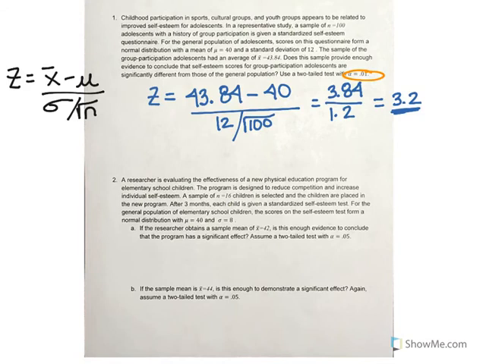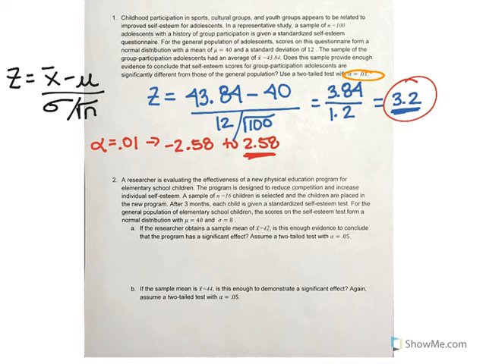So we know, at alpha 0.01, we have negative 2.58 to positive 2.58. So we're going to look at 3.2. Obviously, that number does not fall within that range. That number would be on the outside. 3.2 is bigger than 2.58.